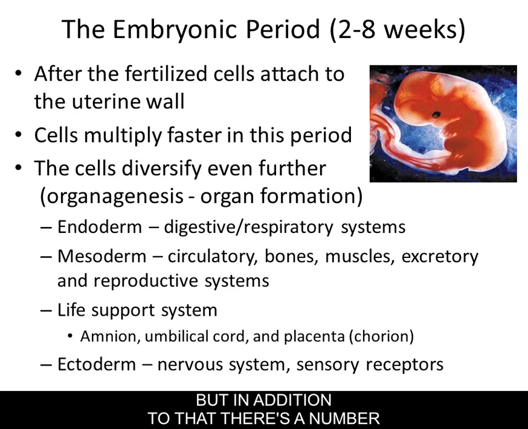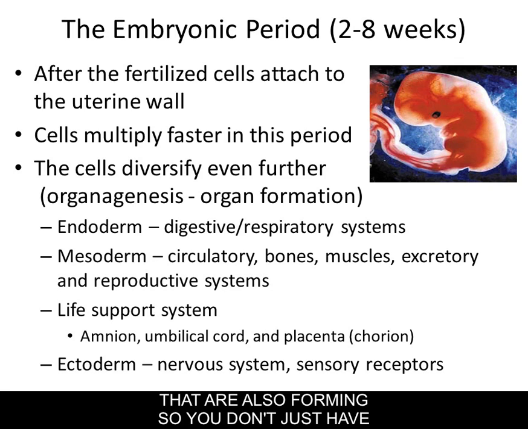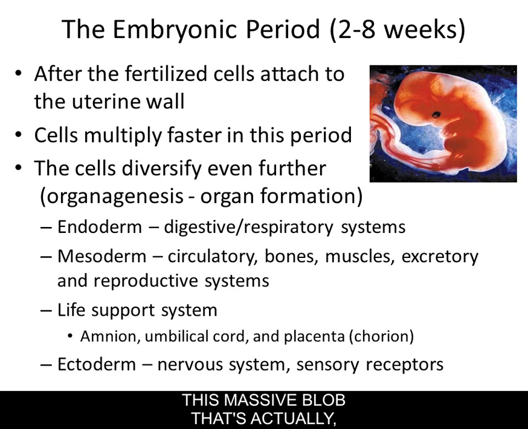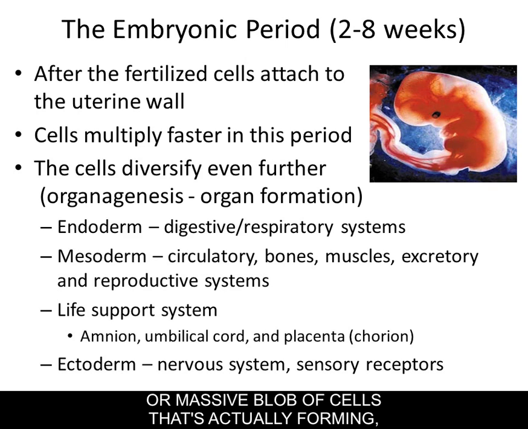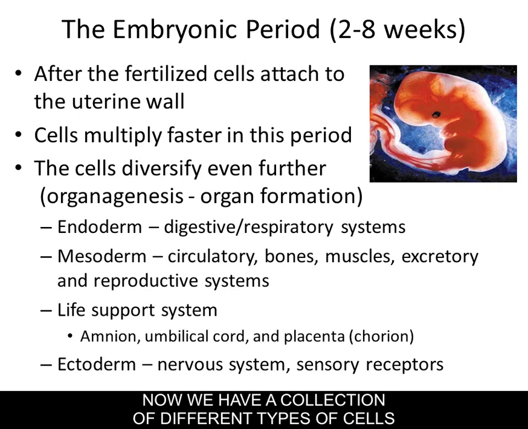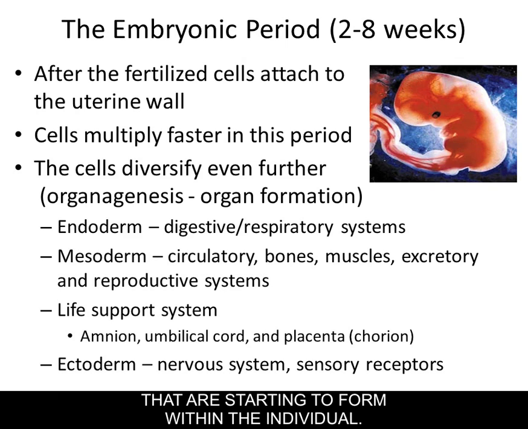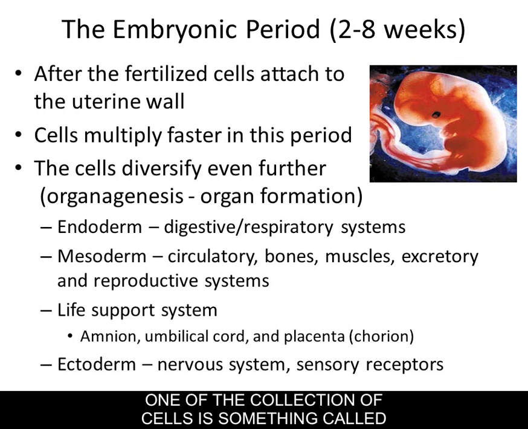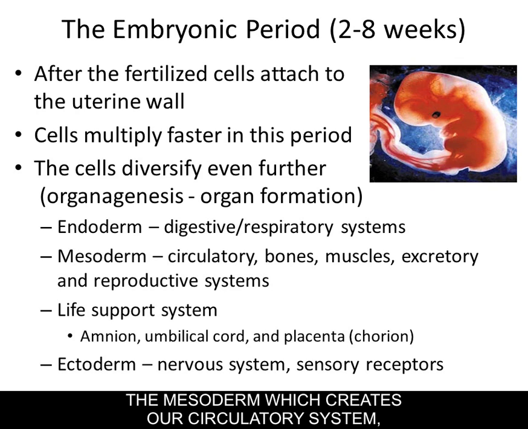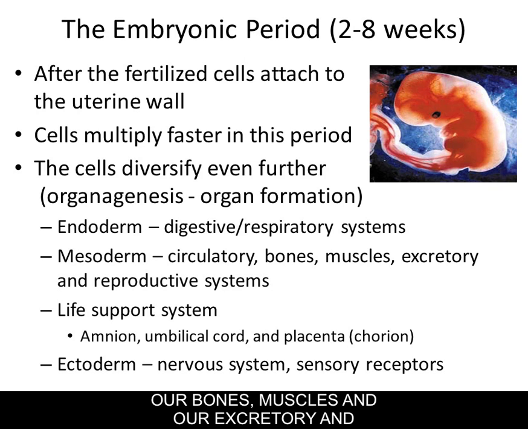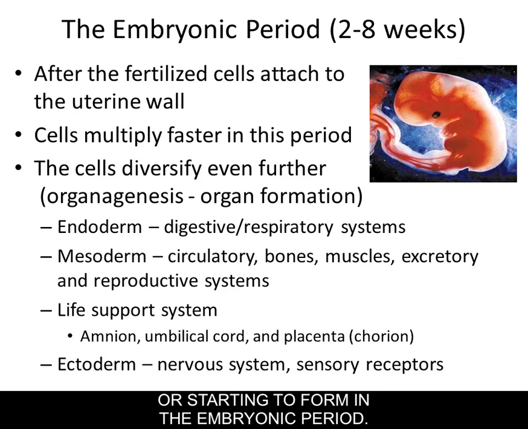But in addition to that, there's a number of other systems that are also forming. So you don't just have a massive blob of cells that's actually forming. Now we have a collection of different types of cells that are starting to form within the individual. One collection of cells is something called the mesoderm, which creates our circulatory system, our bones, muscles, and our excretory and reproductive systems. And all of these things are starting to form in the embryonic period.